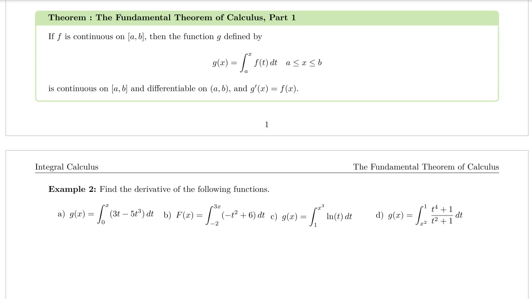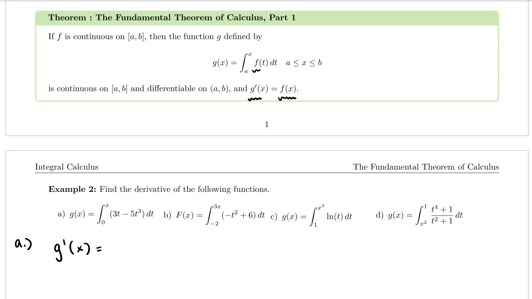Part A, we have g of x equals the definite integral from 0 to x of the function 3t minus 5t cubed dt. So based on the theorem that we just learned about, if I want to find g prime of x, what the theorem says is that g prime of x is equal to f of x.